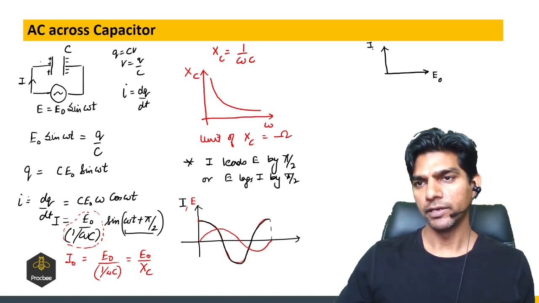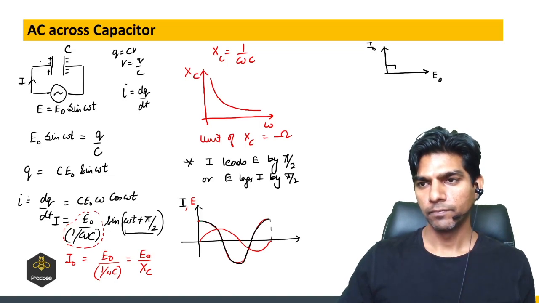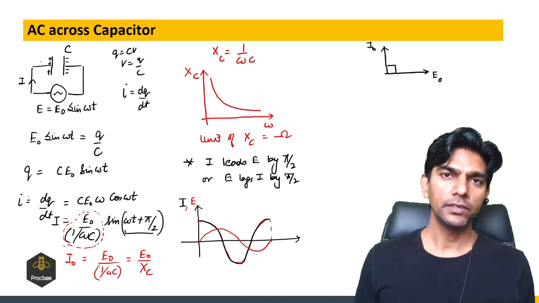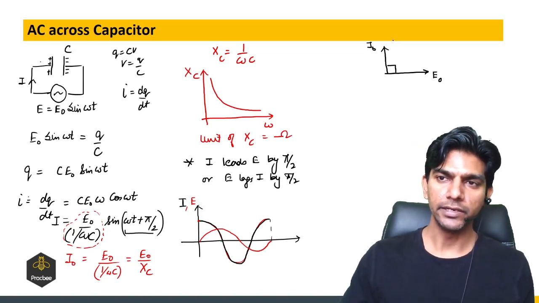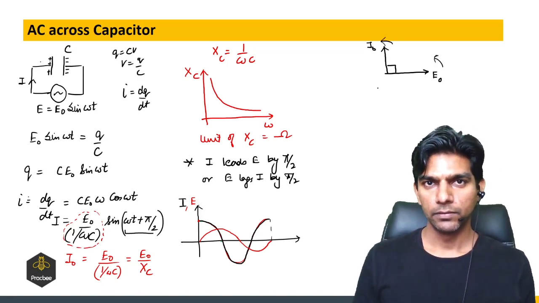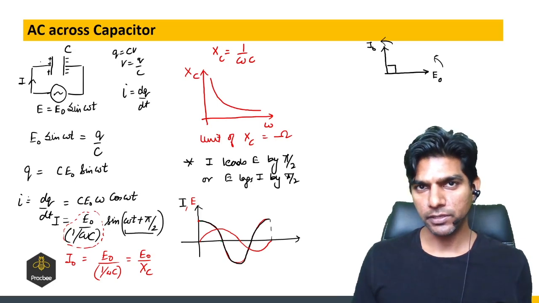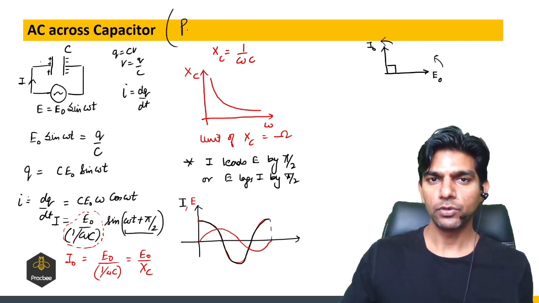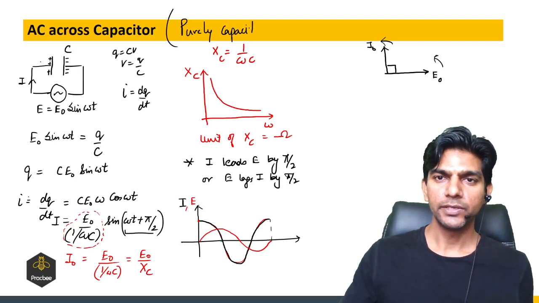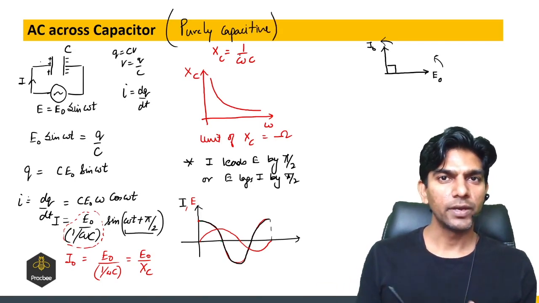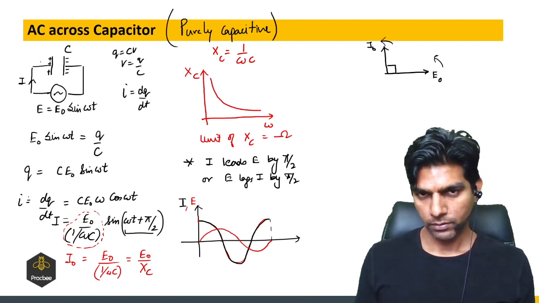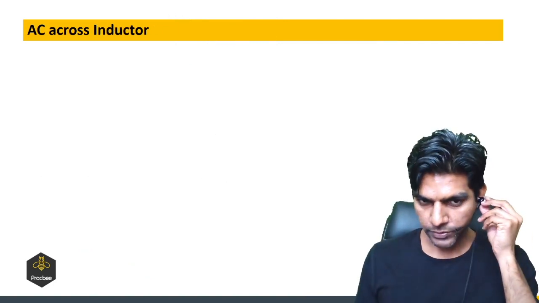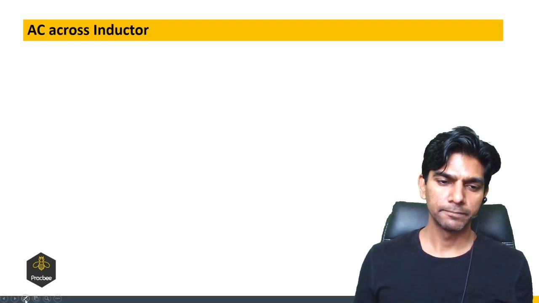So this will be I naught, and the angle between them will be 90 degrees, and I is leading and they're rotating in the anti-clockwise direction. And if we have only a capacitor in a circuit, such circuits are known as purely capacitive. In a purely capacitive circuit, the current leads voltage by pi by 2. Right. Now let us see what happens if we have an inductor in the circuit.